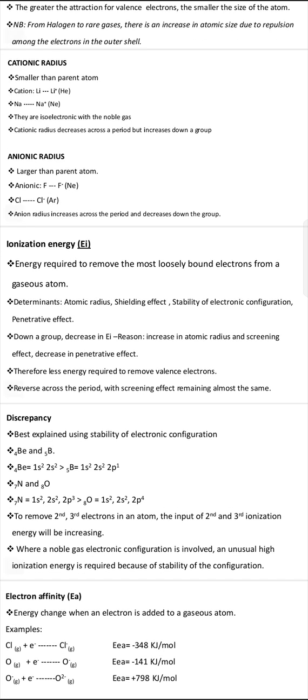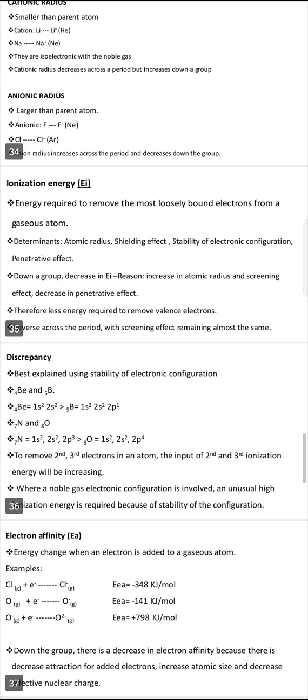So all cations are very small because they lose electrons. So when you lose electrons, making protons very much, it increases the effective nuclear charge, so the nucleus can pull the electrons to itself. So cations are very small compared to their parent atom.